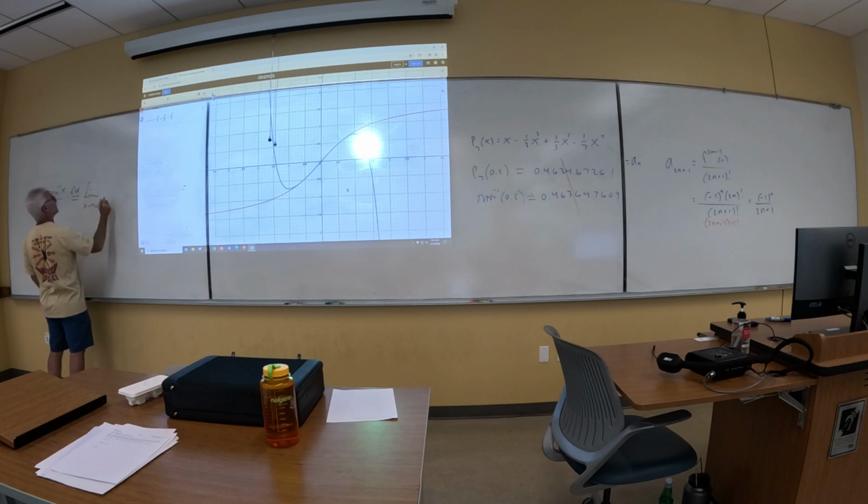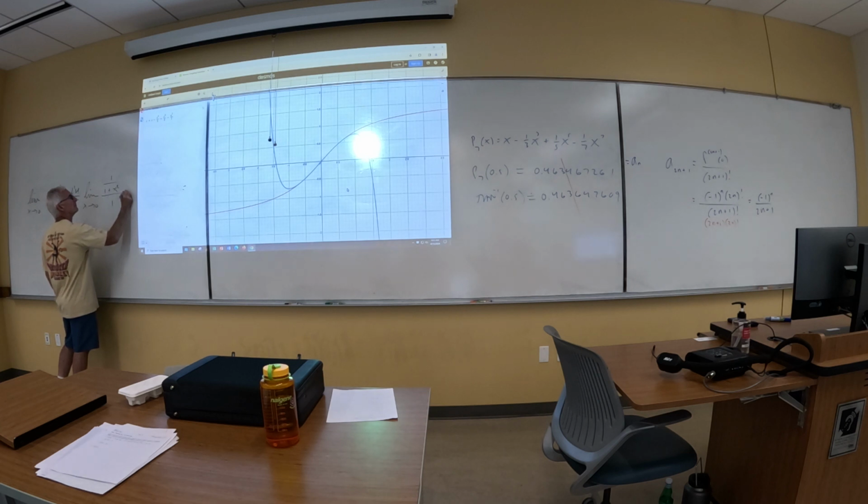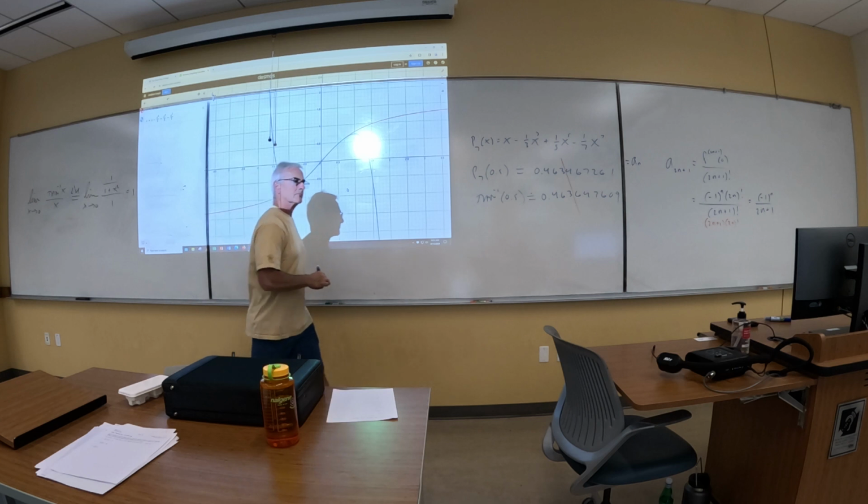What's the derivative of inverse tan? 1 over 1 plus x squared. And the derivative of x is just 1. And what will this give us? 1 over 1, which is 1. Okay?